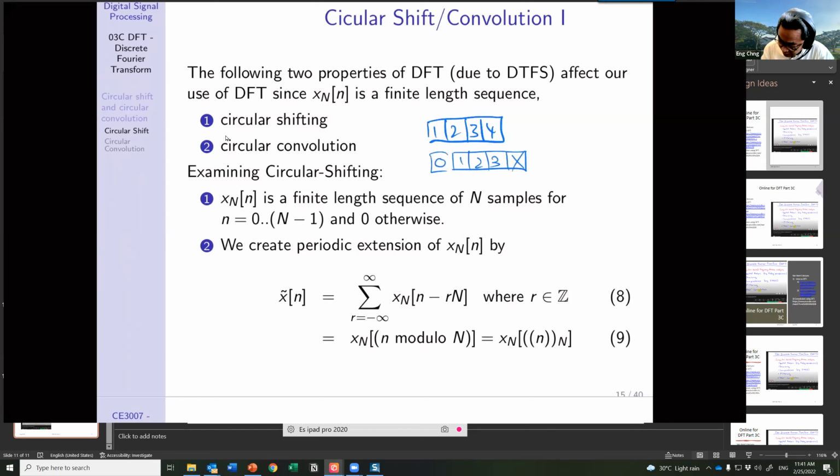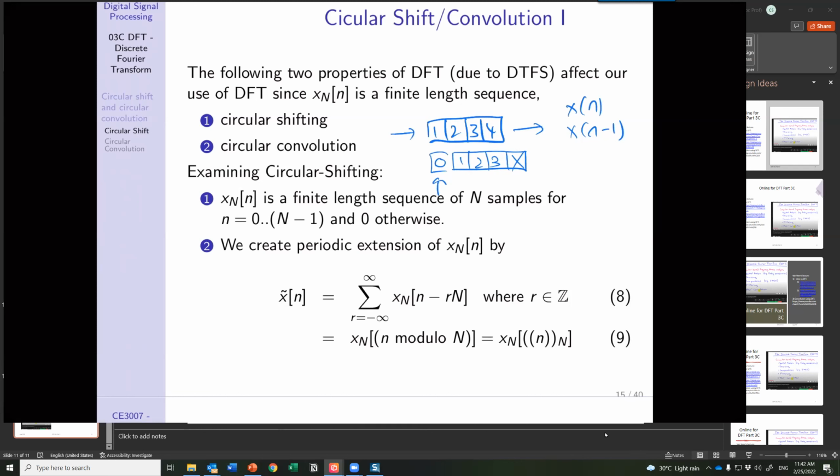So as we are pushing the buffer 1, 2, 3, 4 to the right hand side, the new value 0 comes in, and this is very similar to x of n and x of n minus 1. So x of n minus 1 is a delayed version of x of n. If you shift one more time, then you have 0, 0, 1, 2.